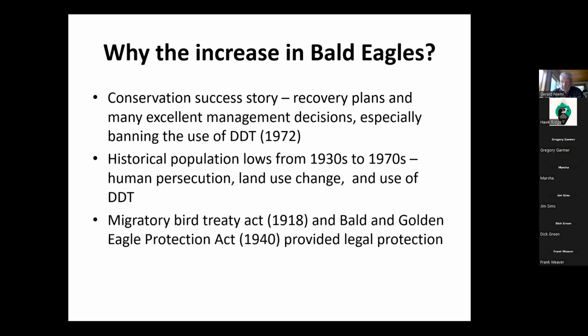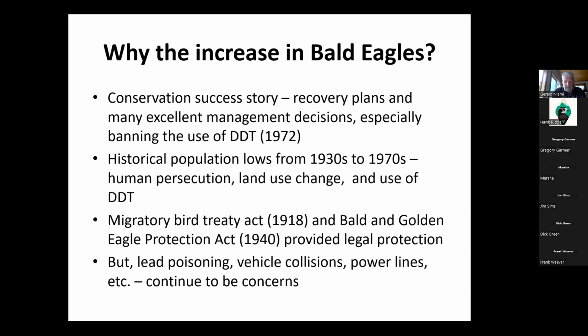We had the Migratory Bird Act. This is something that's important for all birds. That was passed in 1918. In addition, the Bald and Golden Eagle Protection Act in 1940. Those are really important events, as well as education that was very important to recovery of those species.